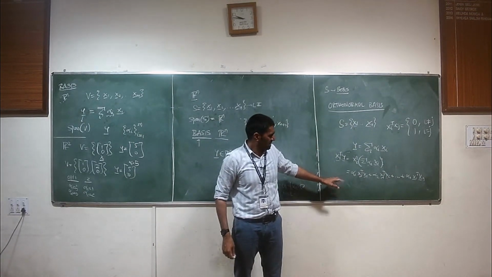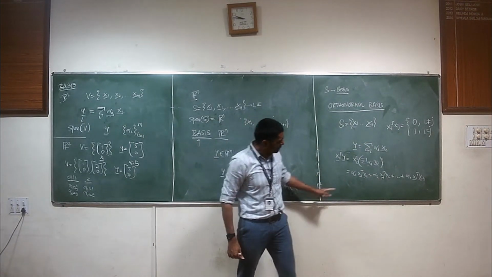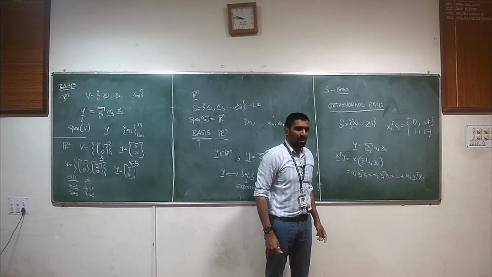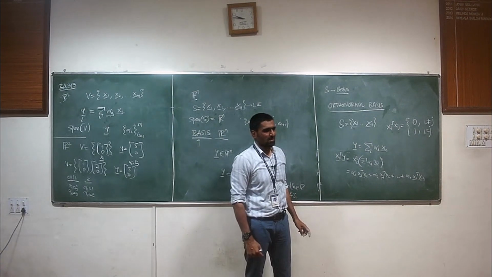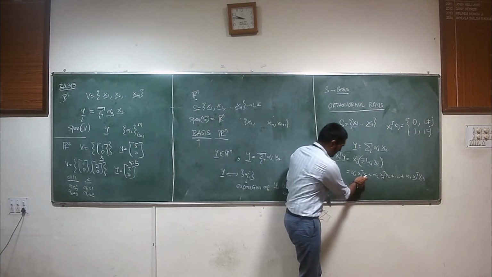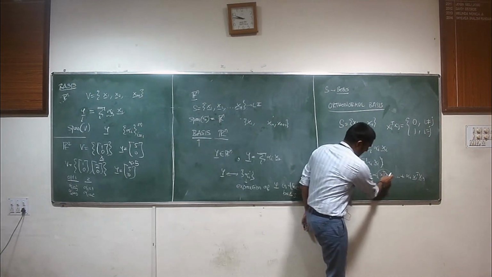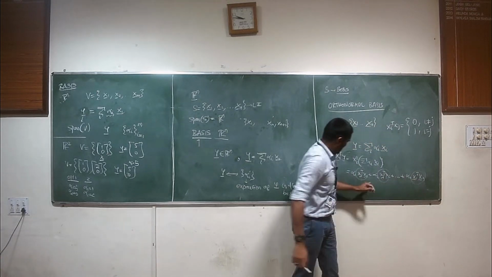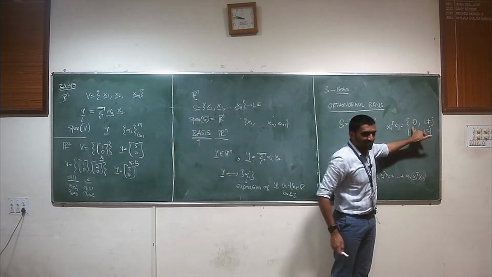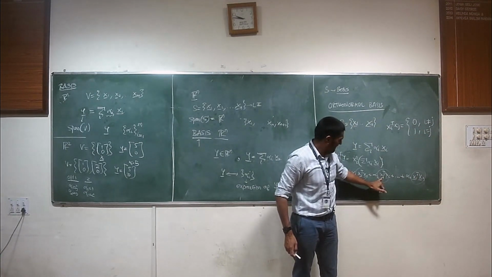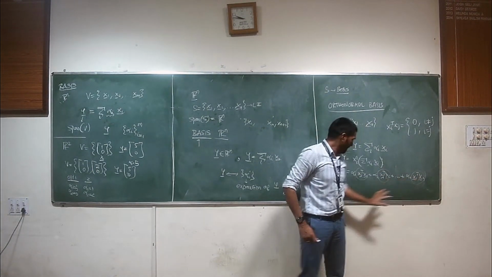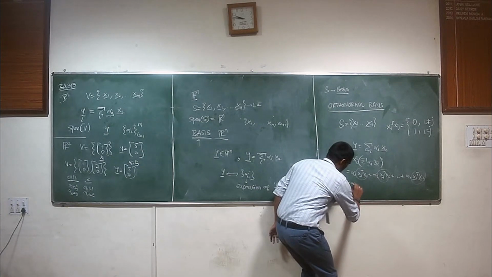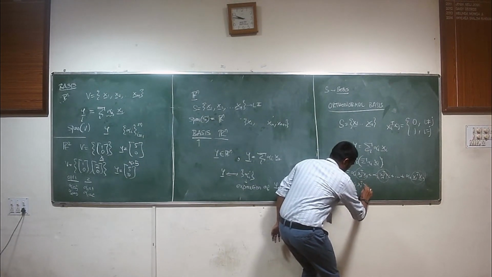Can we do any further simplification based on this? You have these inner products, and whenever i is not j, it's 0. That means n minus 1 terms vanish, and all you're left with is alpha 1 x1 transpose x1.